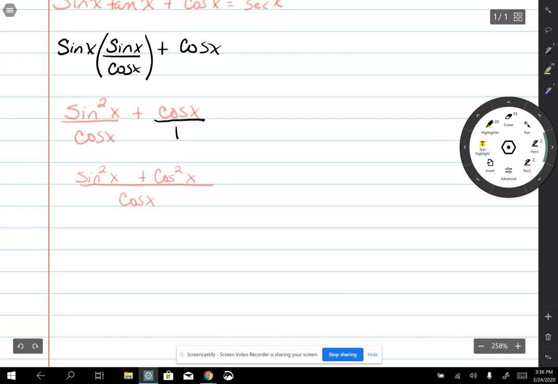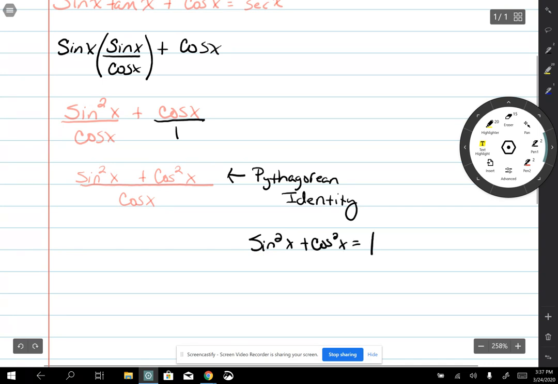Well, you should know, and there should be all these bells and whistles going off right here, that this is a Pythagorean identity. Boy, I can't spell today. Identity. We know that sine squared of x plus cosine squared of x equals 1.